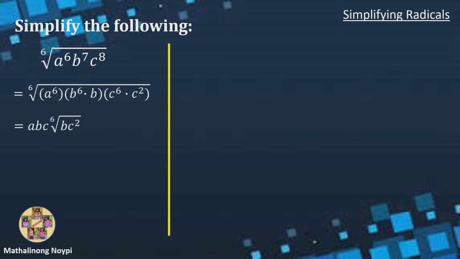For our last example, we have the 5th root of 32x raised to the 10th power, y raised to the 6th power, z raised to the 7th power.